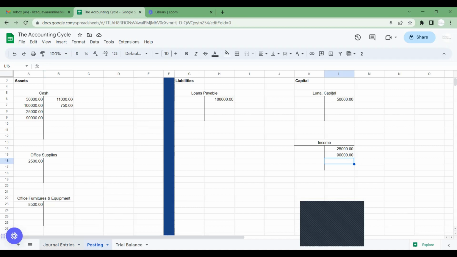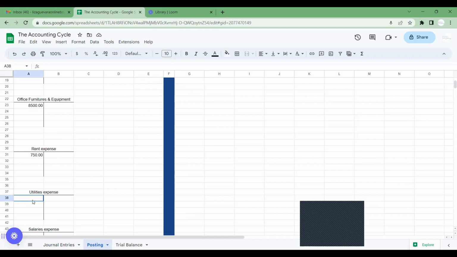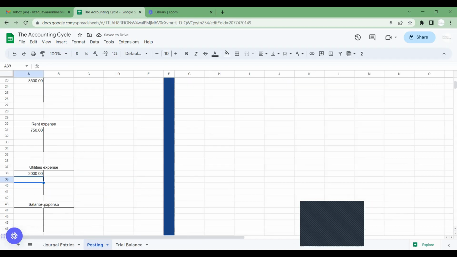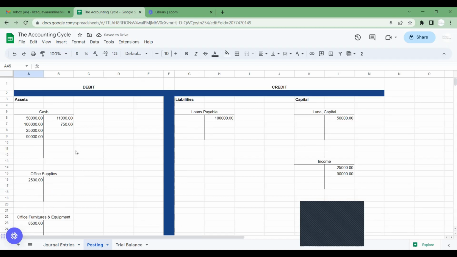Utilities, how much is that? 2,000. And salaries expense, 3,000. And credit cash of 5,000.